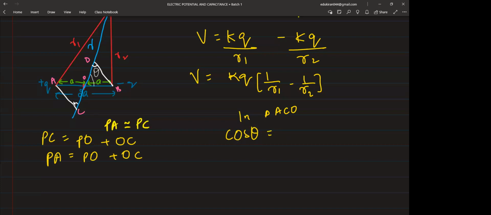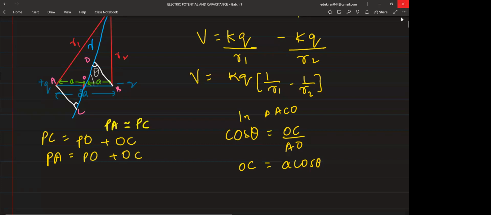If this is the angle, cos theta will simply be OC by AO. AO is small a, half of the distance. So OC is equal to a cos theta.